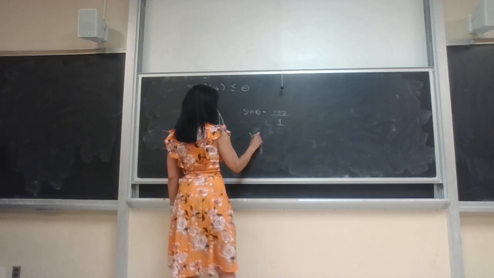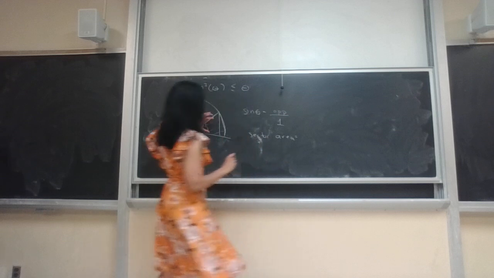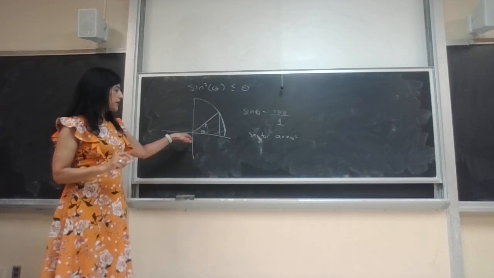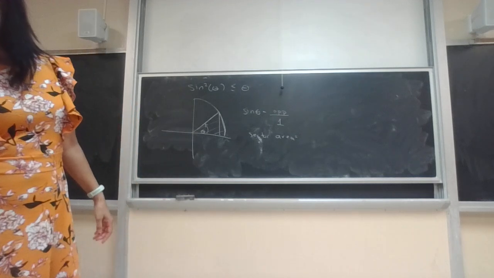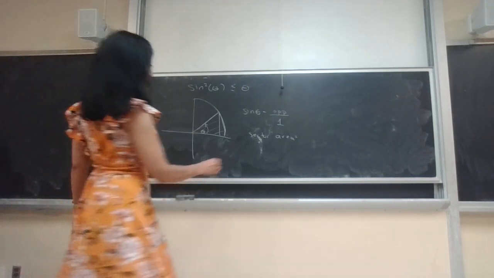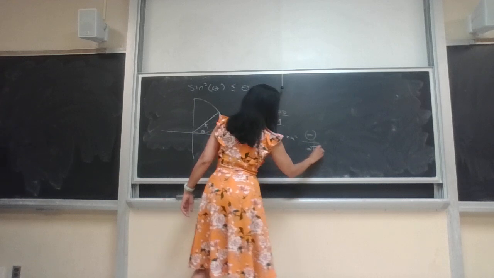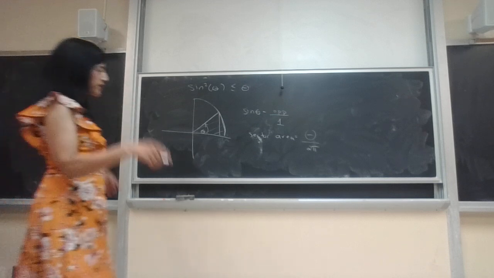So the sector's area is going to be the fraction of the circle that is represented here, which is going to be the whole thing. The fraction is theta divided by 2 pi times the whole thing around.